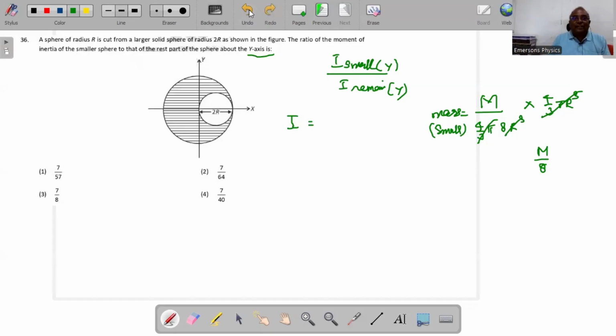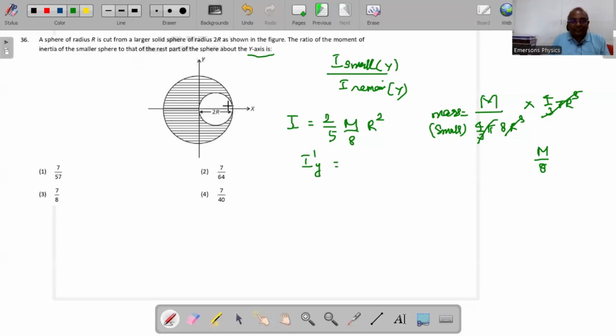So moment of inertia of the sphere is 2/5 × m/8 × r², where the radius is r. This is the moment of inertia of the smallest sphere. But we wanted to find the moment of inertia of the smallest sphere about this axis using the parallel axis theorem, which is the moment of inertia about the y-axis, I dash.